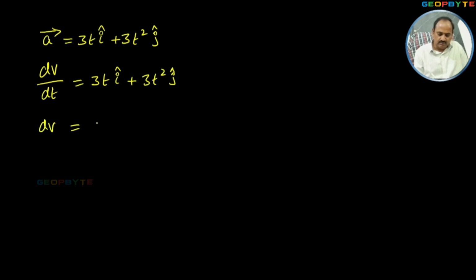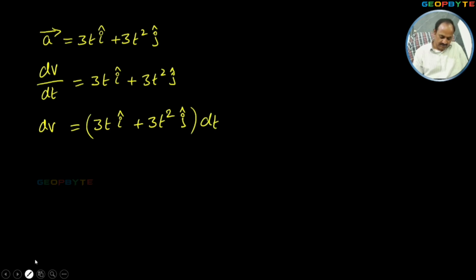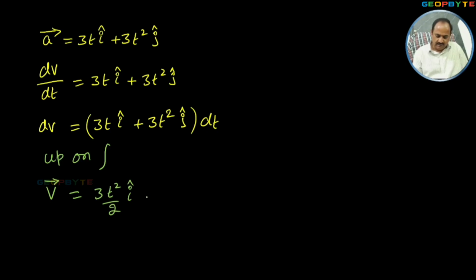From this, dv equals 3t i cap plus 3t square j cap multiplied by dt. Now upon integration, it gives v bar equal to 3 t square by 2 i cap plus 3 t cube by 3 j cap.